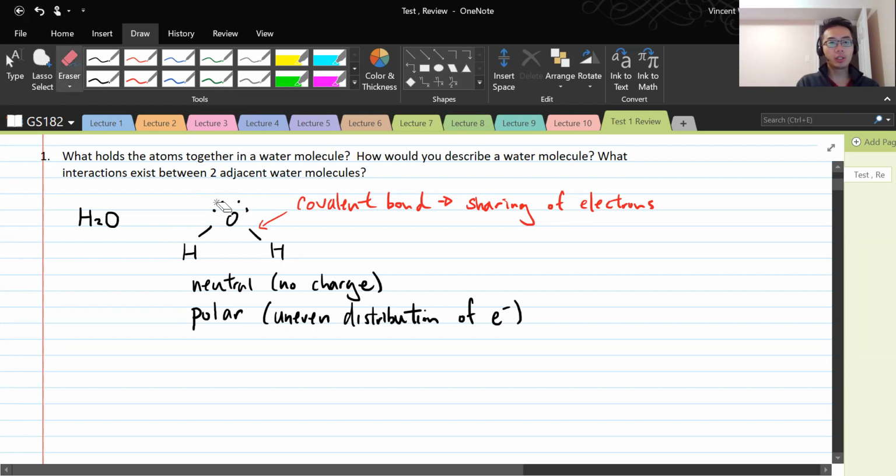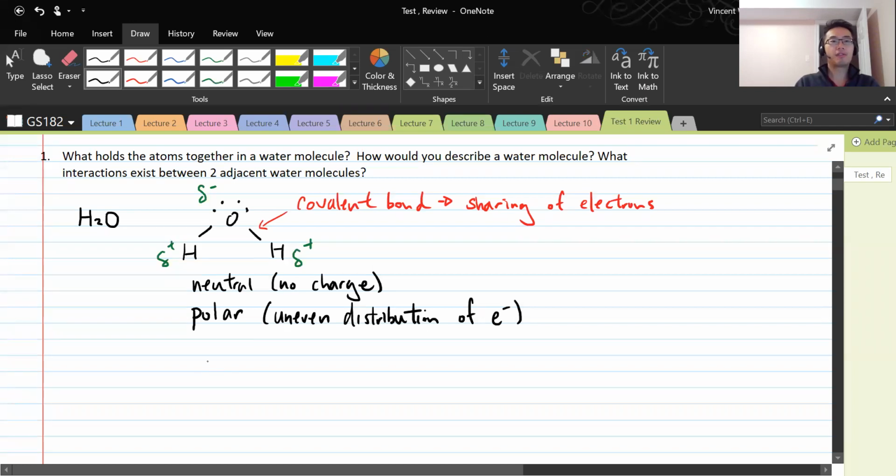So it's going to pull the electron towards itself, making it slightly negative. That's what this symbol is. So slightly positive here for the hydrogen, slightly negative for the oxygen. Okay, so if the question asks you what's the most appropriate way of describing water molecule, the correct answer is that they are neutral and they are polar.